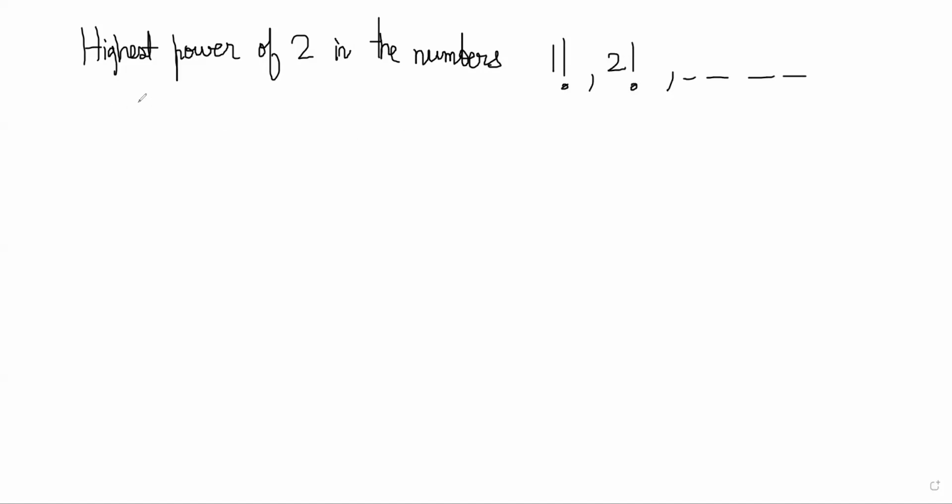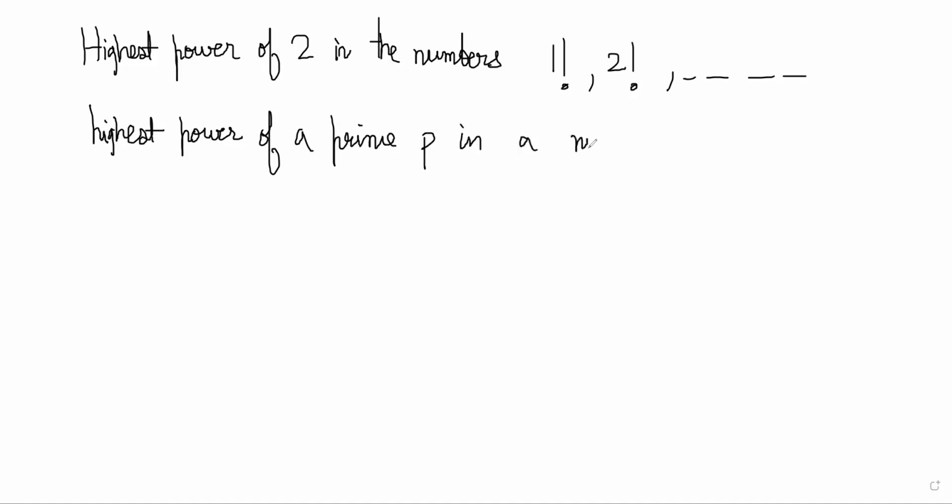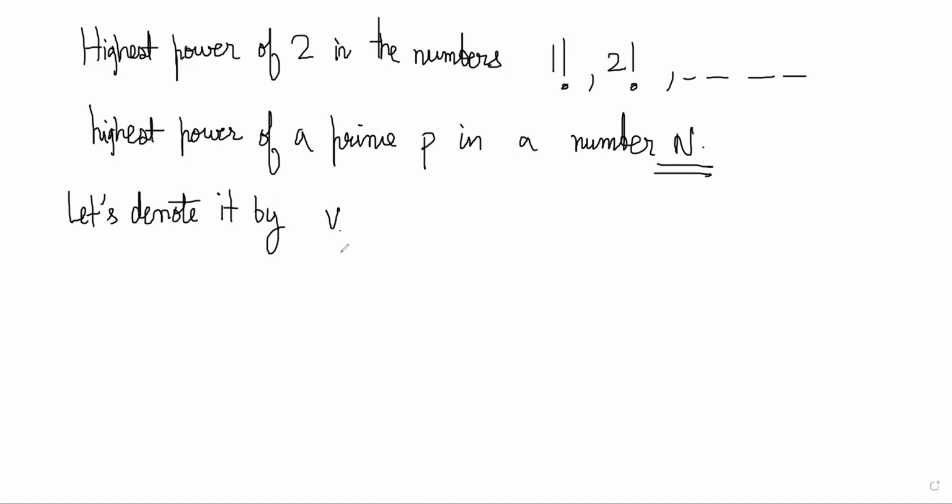So what we want to find out is the highest power of a prime P in a number N. You can show that this highest power of a prime P, let's denote it by the symbol VP(N), tells us the highest power of prime P in the number N factorial.